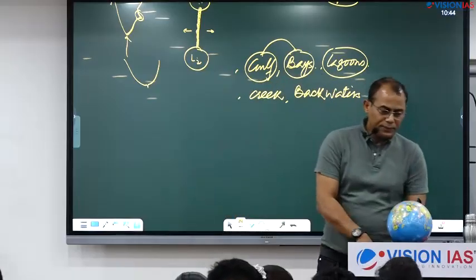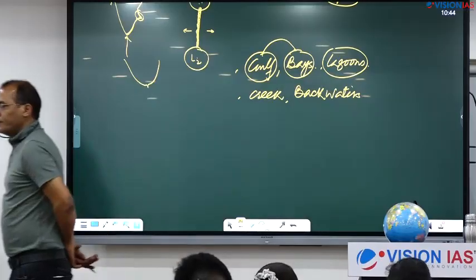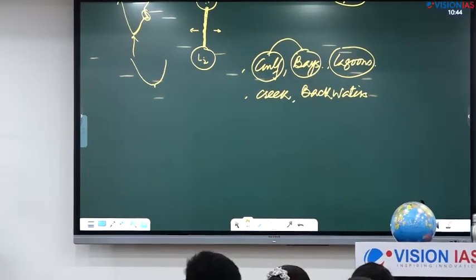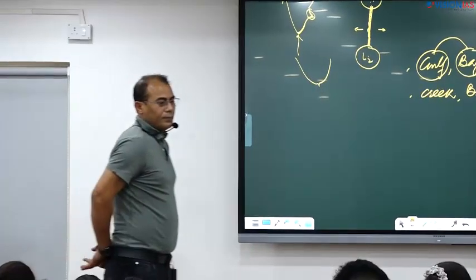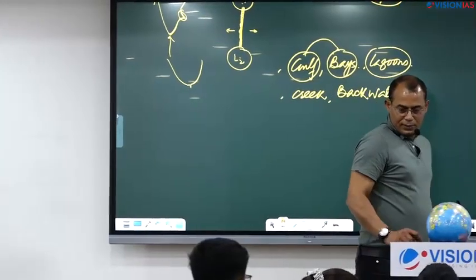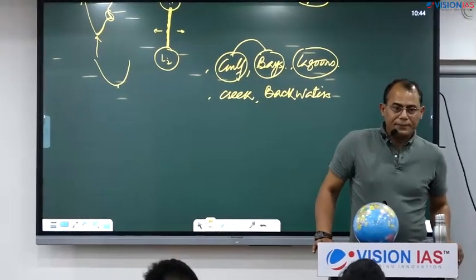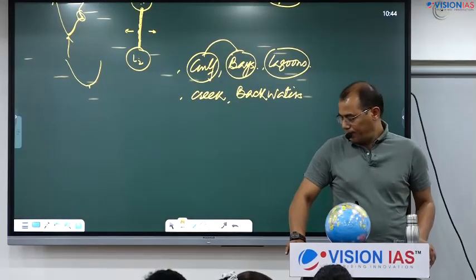Take out the world map. Open the world map. Any world map. Now check out the Persian Gulf around West Asia and the Bay of Bengal, and you will see the difference.